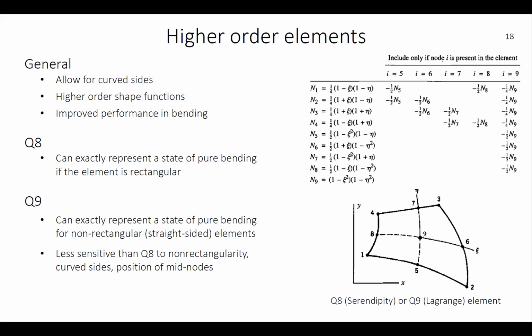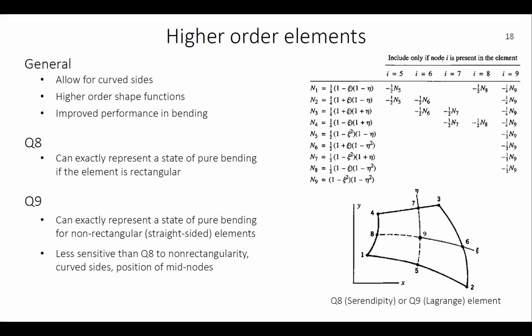So that's the general concept of the Gauss quadrature to obtain the stiffness matrix. The same applies for higher order elements. I'll not go into detail about it because there's not so much different about it. It's just that the mathematics get a little bit more extensive.